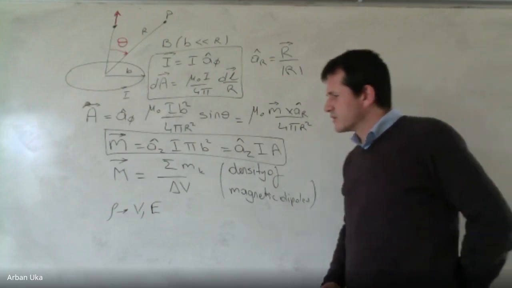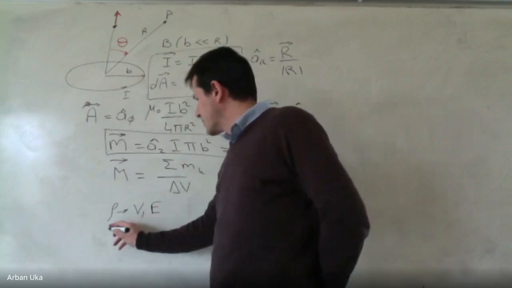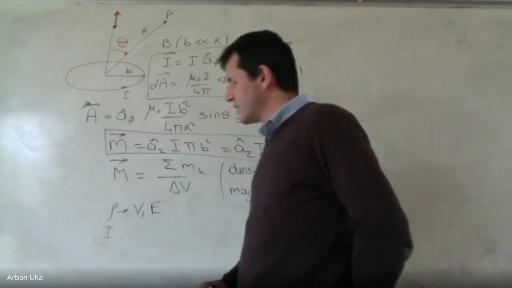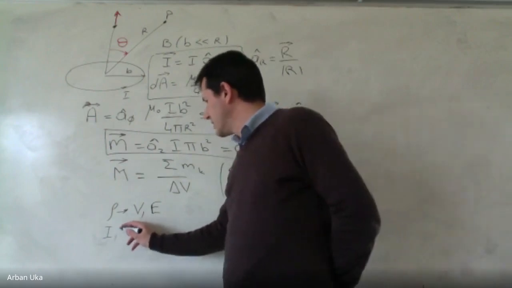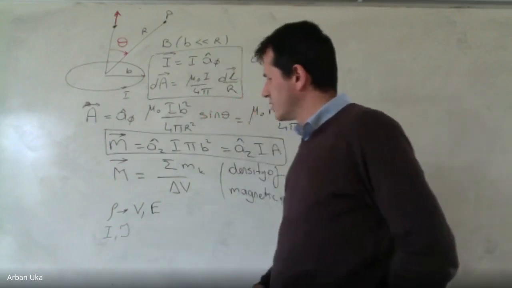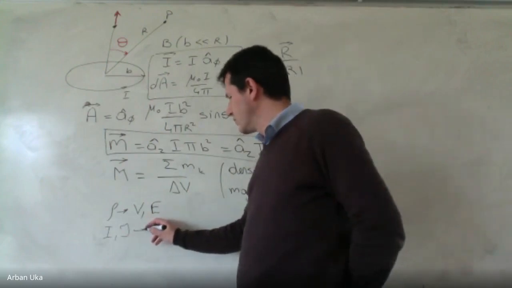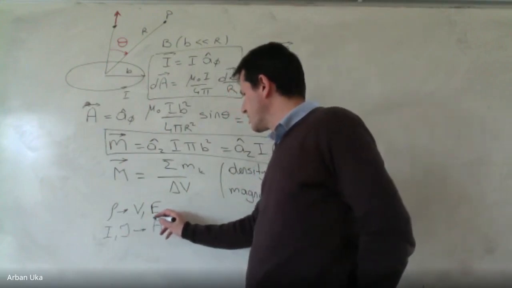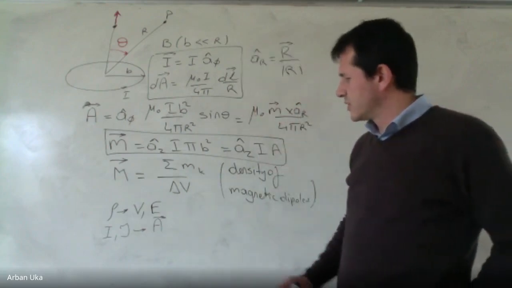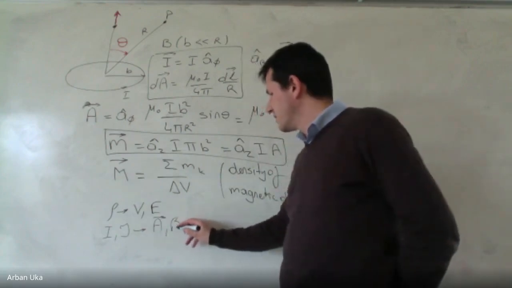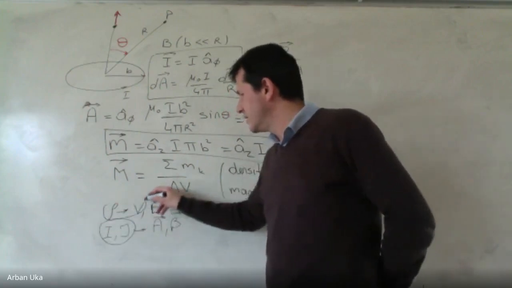But now in magnetostatics, the source is going to be a current I, which is measured in amperes, or current density J, which is current per unit area. So any one of these two will serve as a source for the magnetic vector potential A or the magnetic flux field B. So the sources are right here.